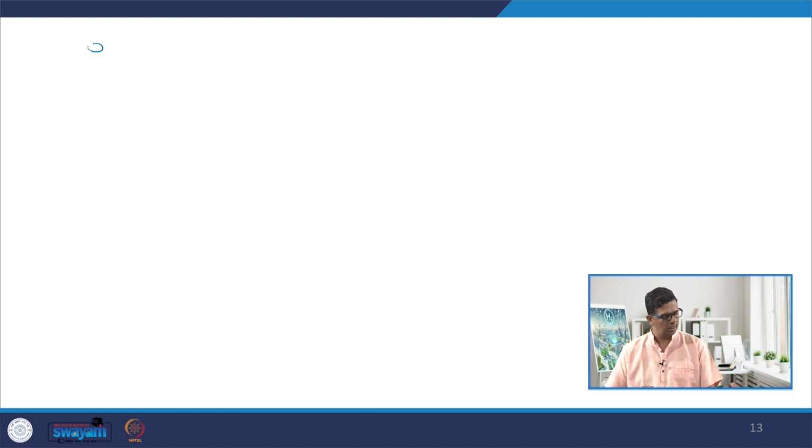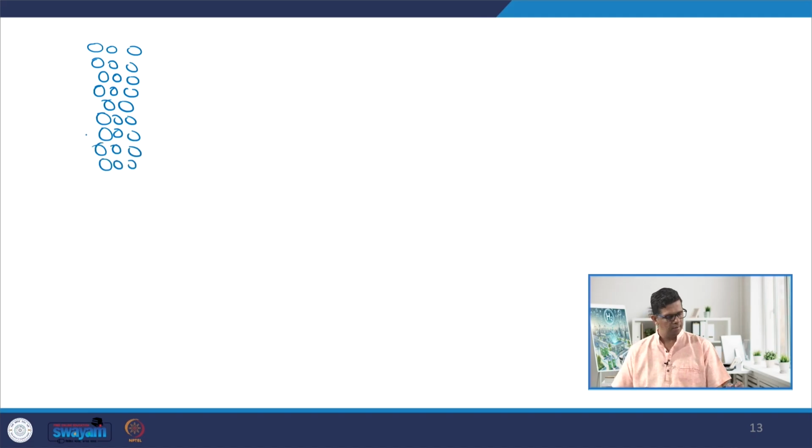Let me quickly draw the triple phase boundary one more time. Right, and we have this hydrogen atom chemisorbed on the metal surface.